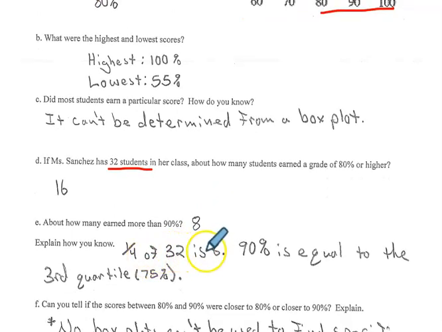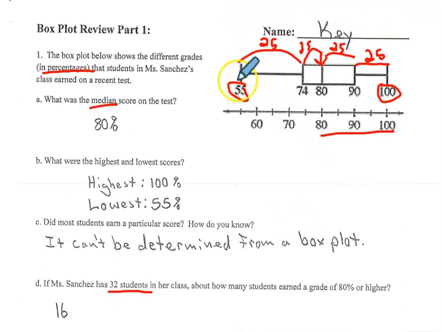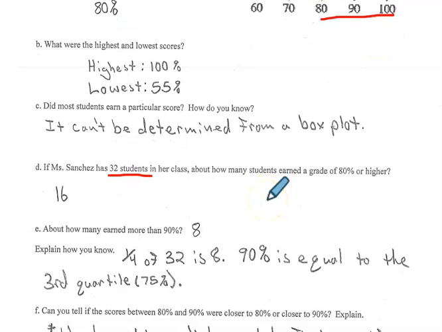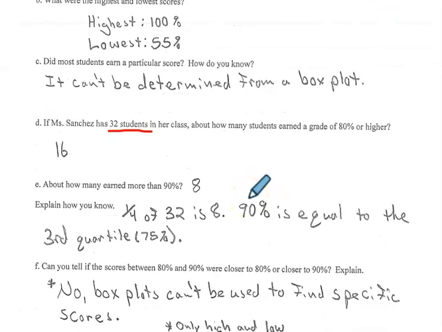Well, a fourth of 32 is 8. 90% is equal to the third quartile. Again, when we start talking about this, you've got your first, second, third quartiles. So make sure you got everything right. And more important, make sure you know what you're doing.